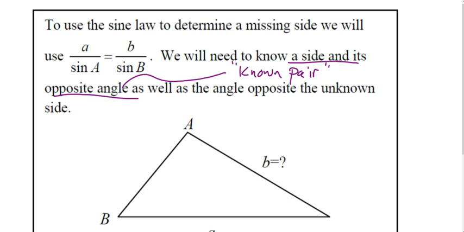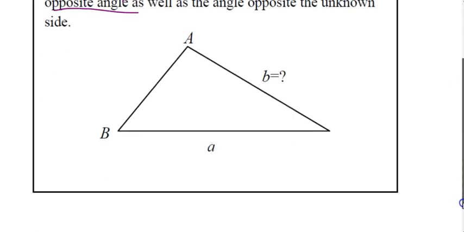So you need the side and the opposite angle. So in this case, you would need to know angle A and this. You would also need to know this. And then that's what you would find, right? You would find the missing side, the unknown side.